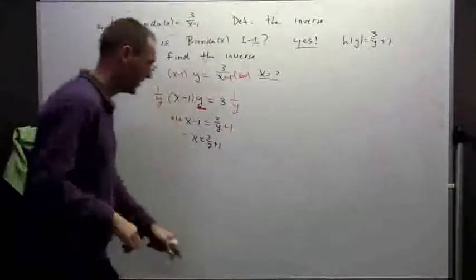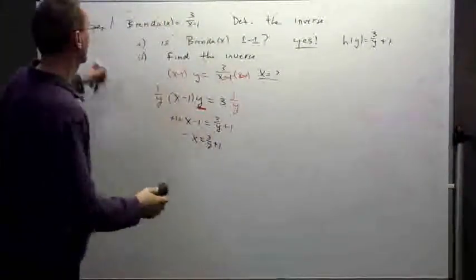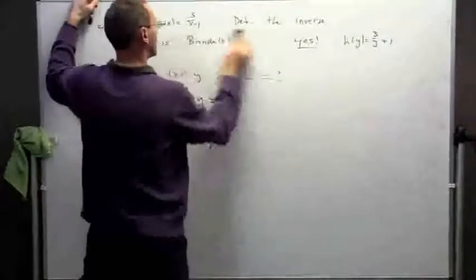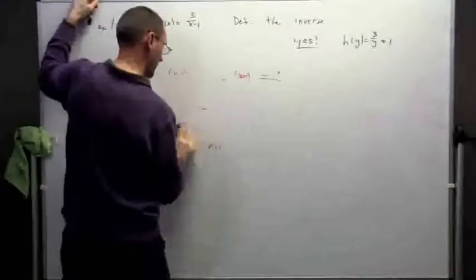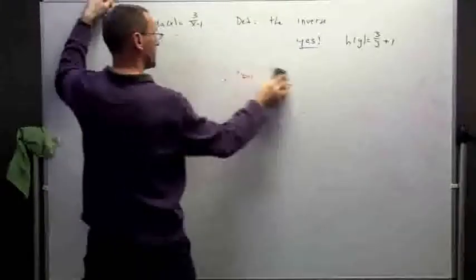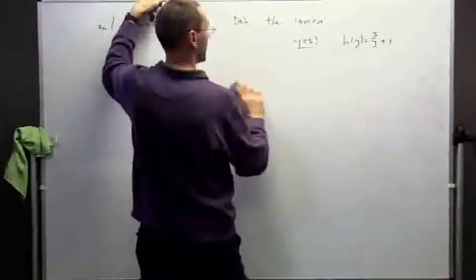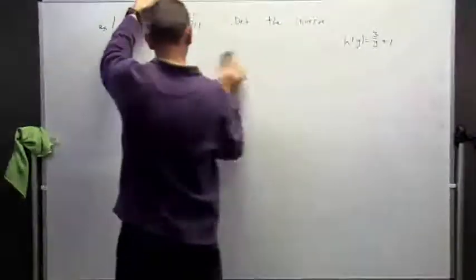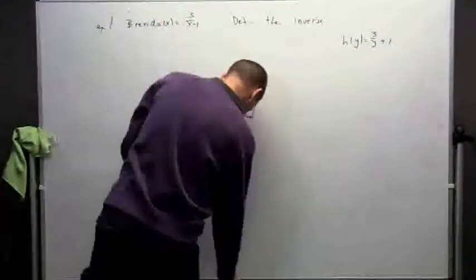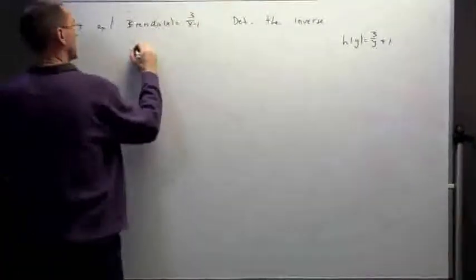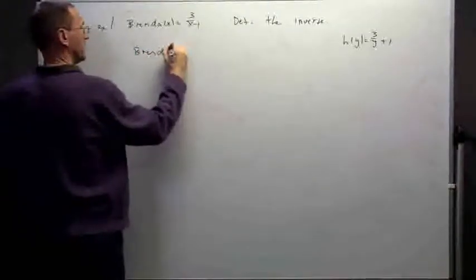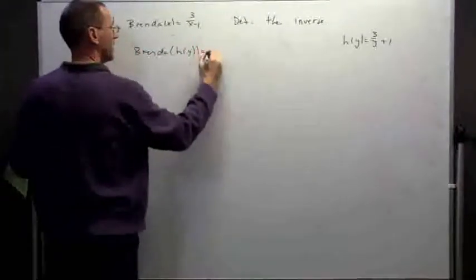Okay. All right, let's check our work and see if this really is the inverse. And we're going to do that by composing these two functions and see if I get the identity out of this. So let's see. What is Brenda of h of y?